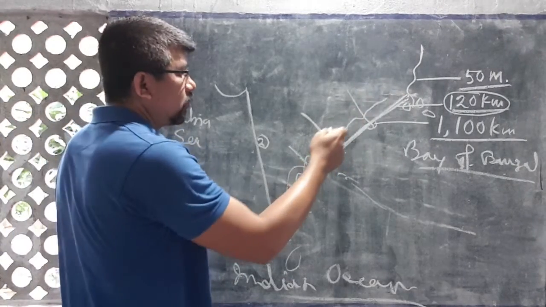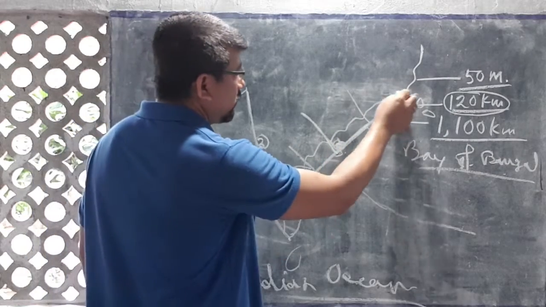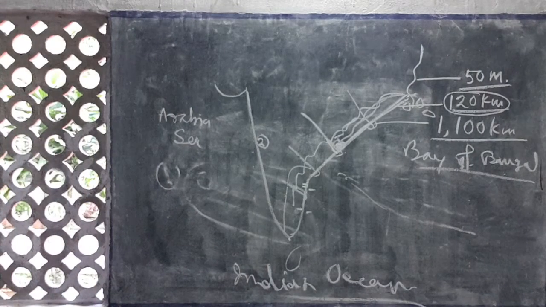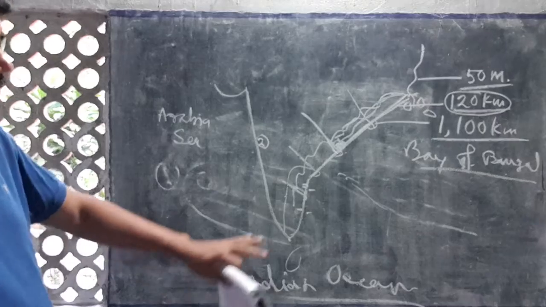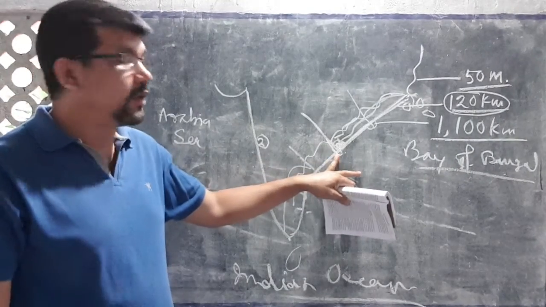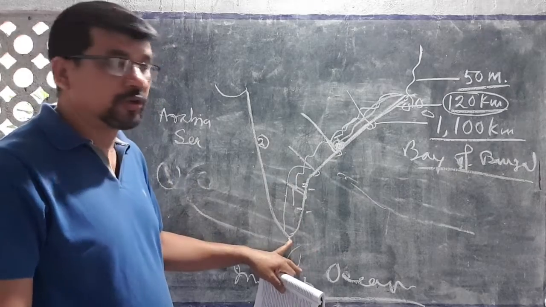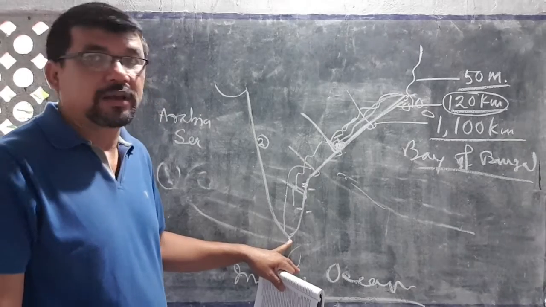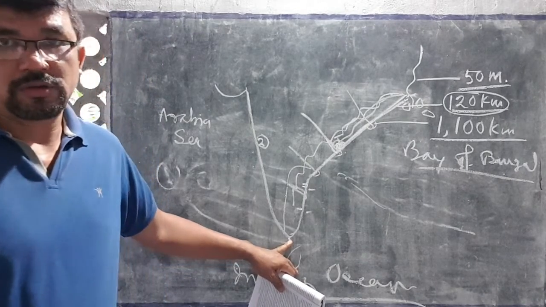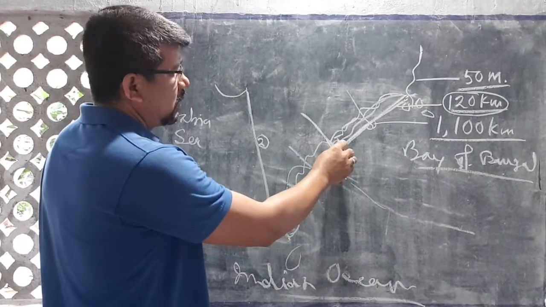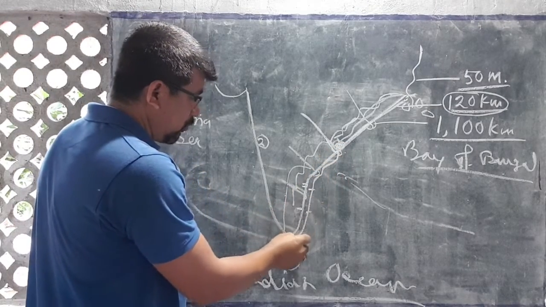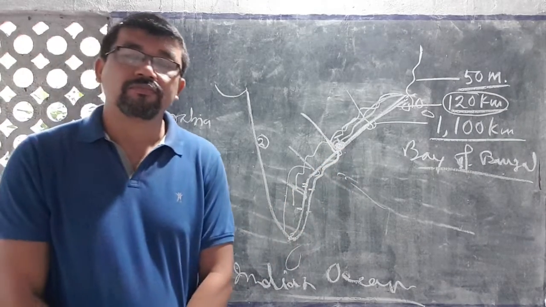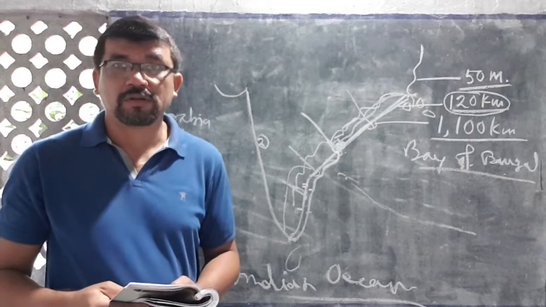From Ganga Delta to Godavari River, the region is known as North Sarkar coast. And from Godavari river mouth to Cape Comorin, the coastal region is known as Coromandel Coast. From Mahanadi Delta to Cape Comorin, the region is known as Coromandel Coast. Okay?